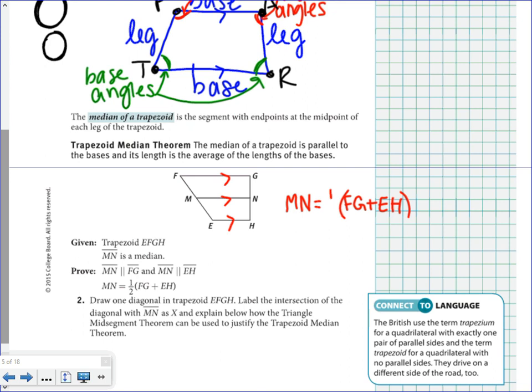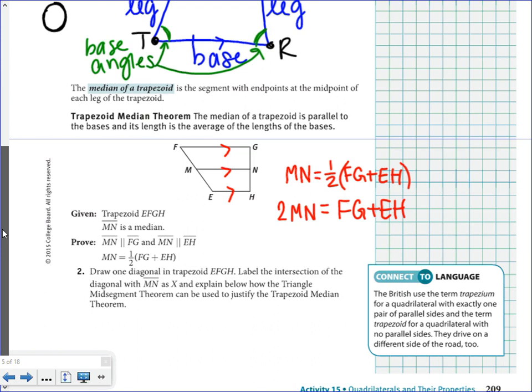And if you add those and divide by 2, that gives you the median. Another way to write that is to double the median. So 2 times MN equals FG plus EH. Either way, you'll get the same result. So it doesn't matter which one of those you use.